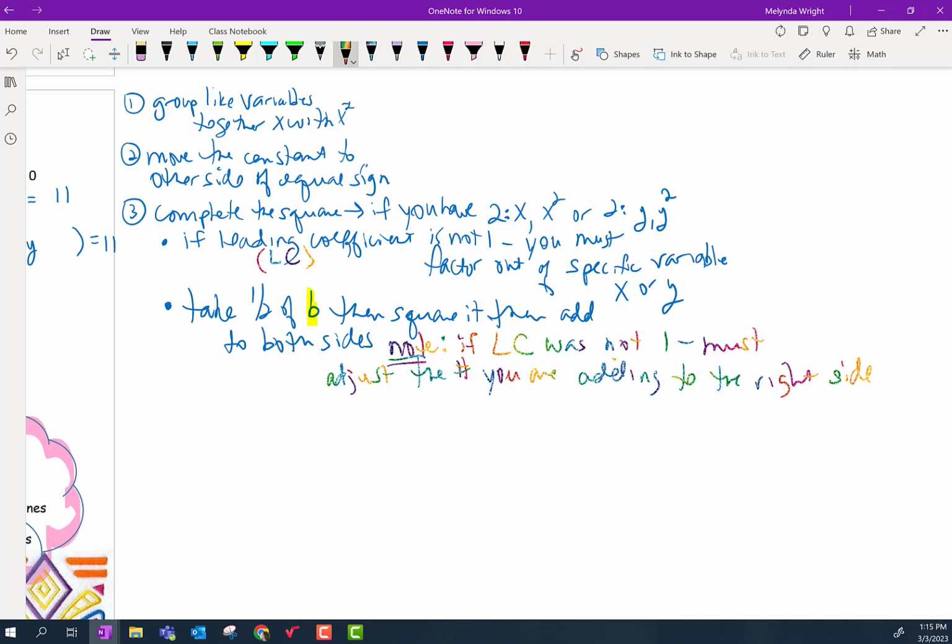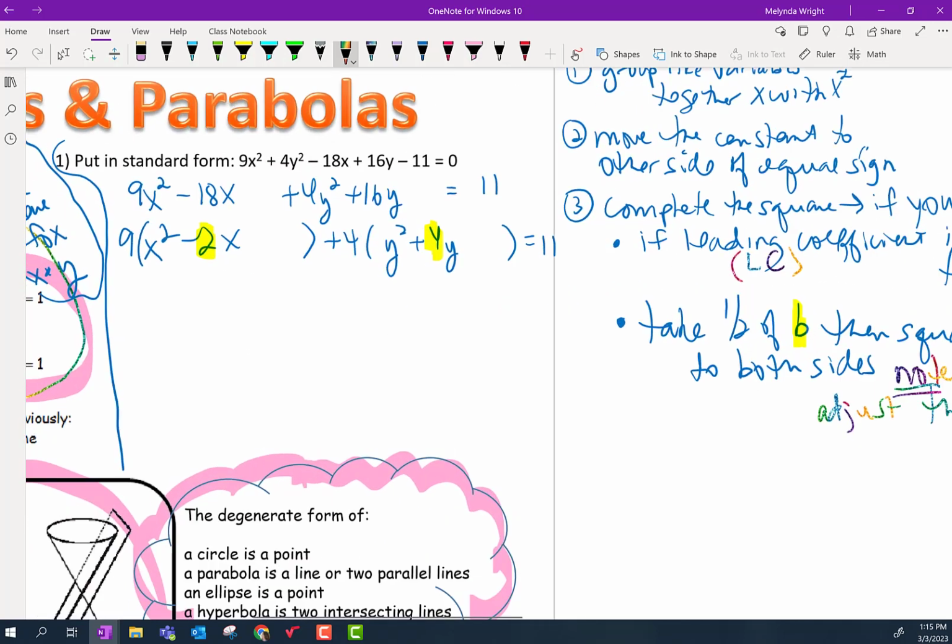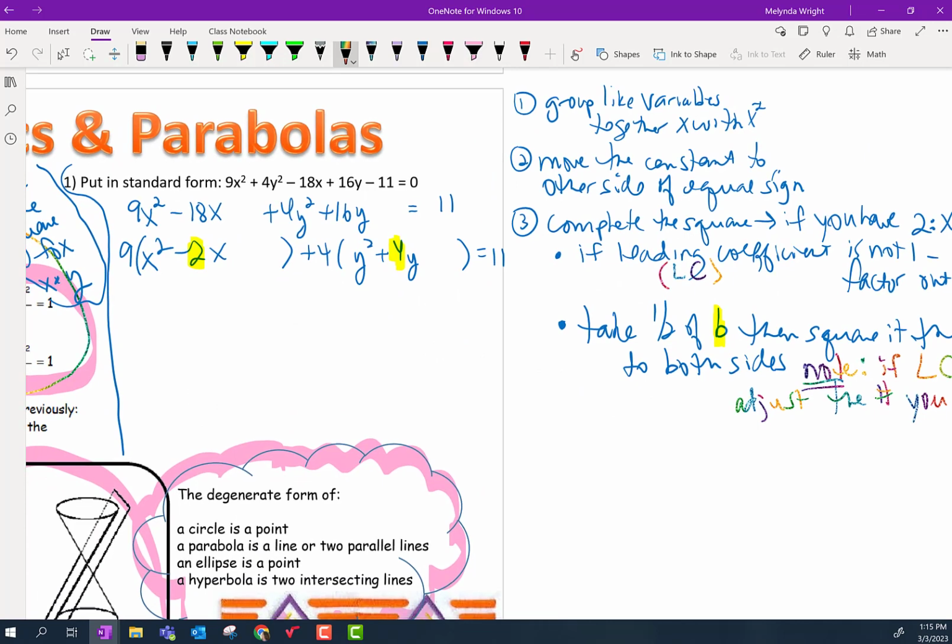Okay, does everybody have the text written down? All right, so let's practice that. So we take half of 2. Half of 2 is 1. 1 squared is 1, so I add 1 here, but I'm not really just adding 1. I hope you can see that I'm really adding 9 times 1, or 9.